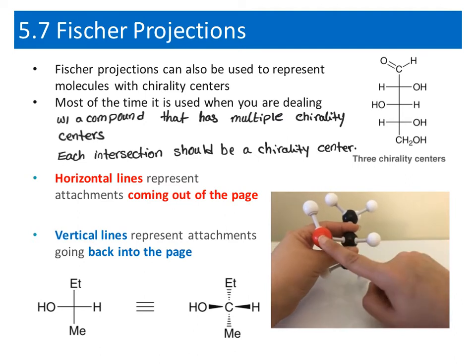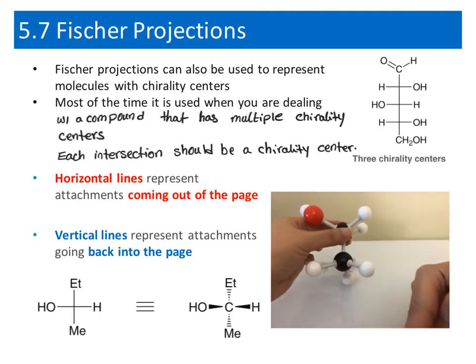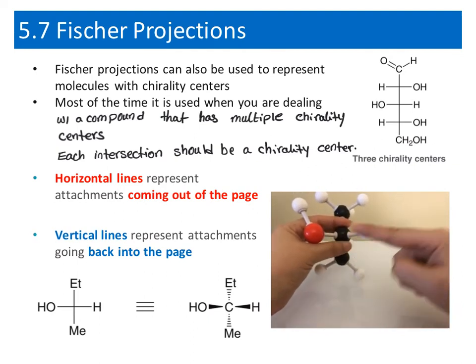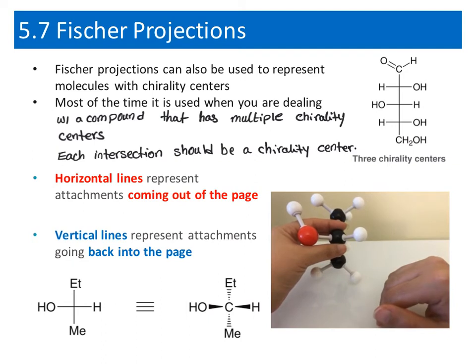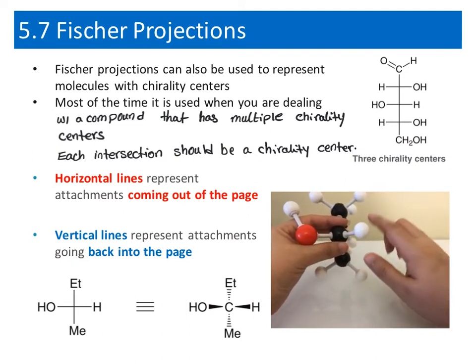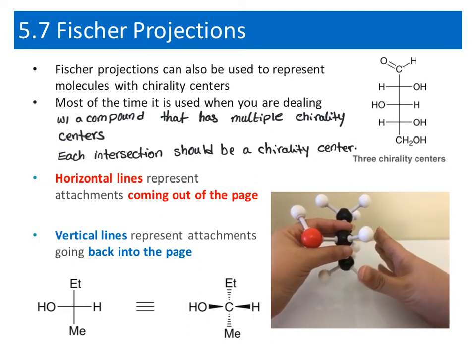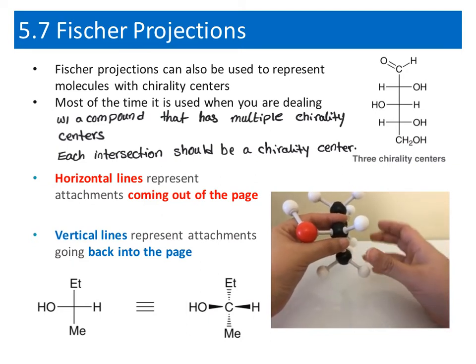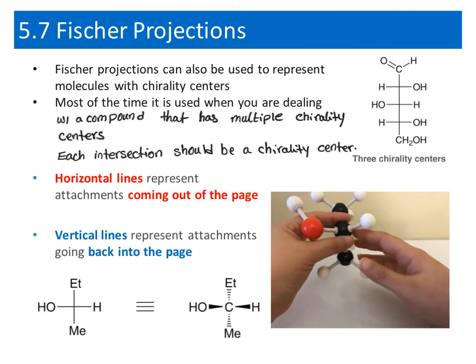Now these 2 groups are coming out of the plane of the page, and we show them in the horizontal line. And these 2 groups, methyl and ethyl, are going into the plane of the page, and we show them in the vertical line. So this is one way that you can draw a specific molecule using Fischer projection, especially when you have multiple chirality centers.